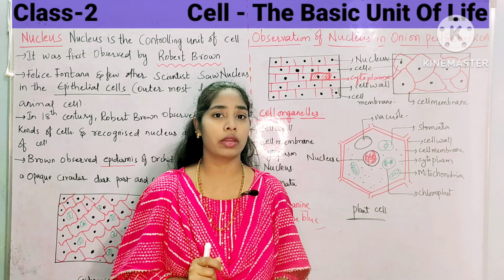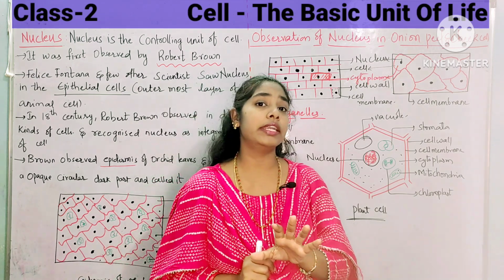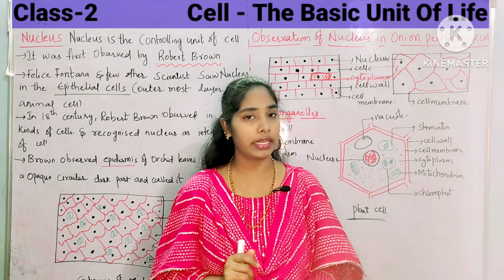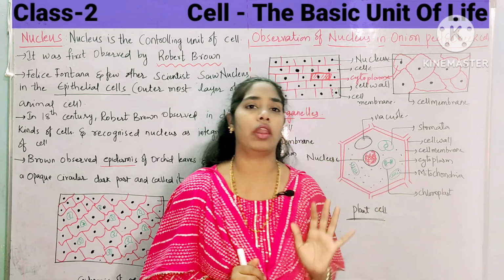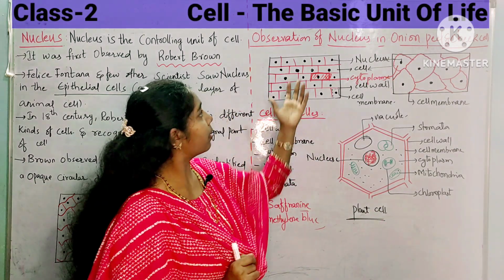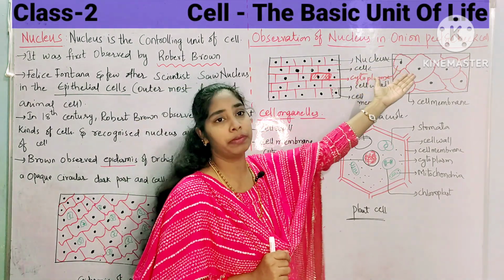It is a non-motile organism, it cannot move. That's the reason it has an extra protecting layer, the cell wall along with the cell membrane. So this is about the observation of the nucleus in onion peel and cheek cell.